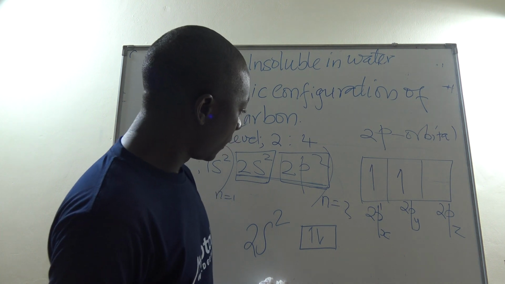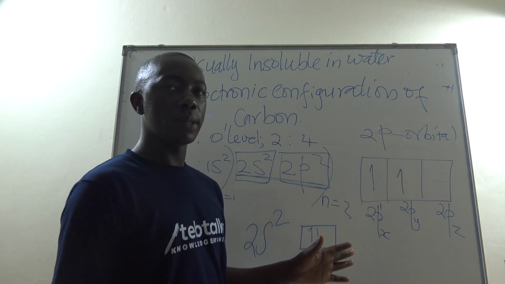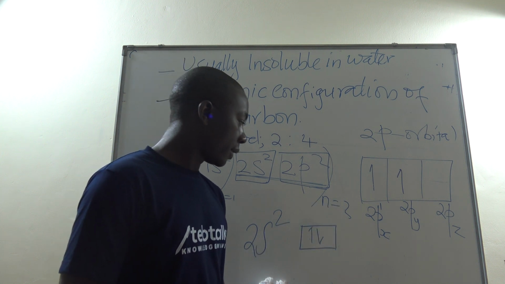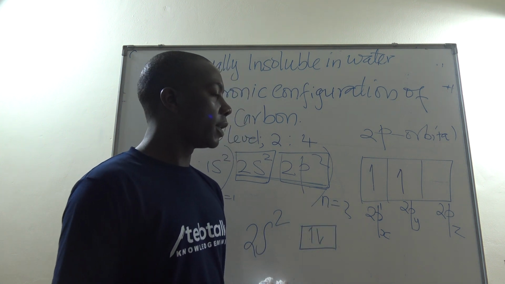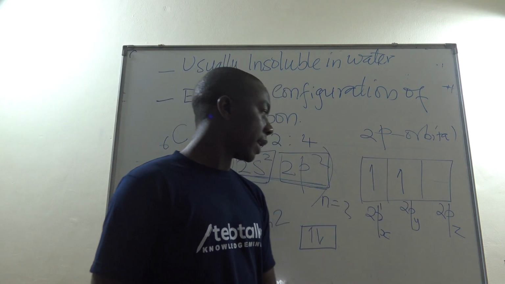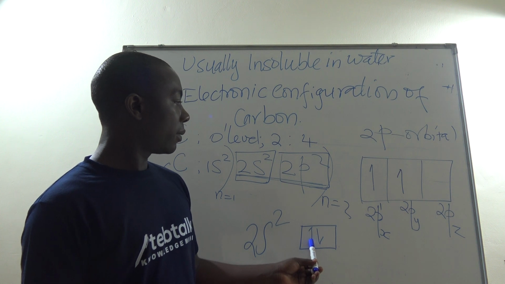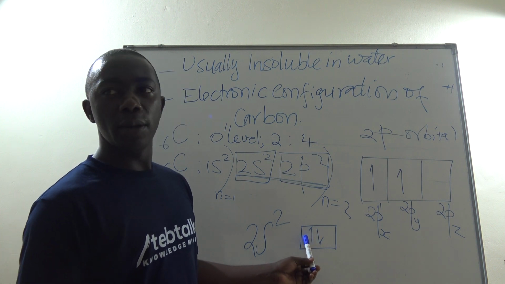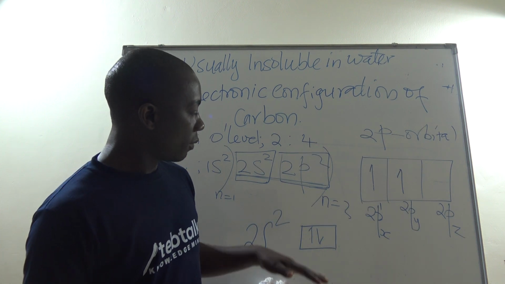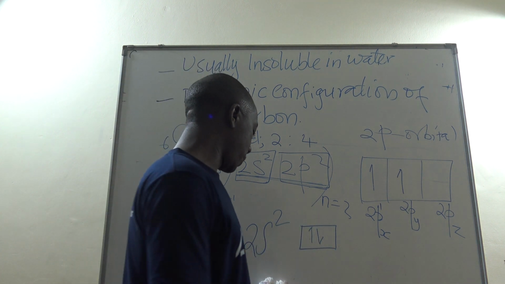But what happens is, under ground state or ordinary conditions, carbon does not participate in chemical reactions unless forced or unless drastic conditions are taken, and that can be achieved if carbon is supplied with some energy. So when we supply it with some energy, we can say carbon will undergo excitation.